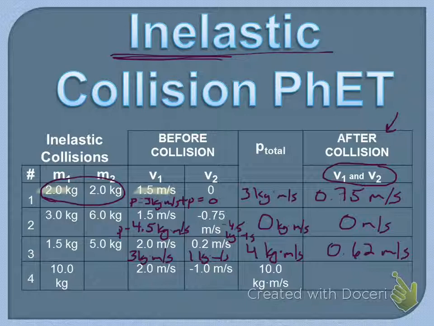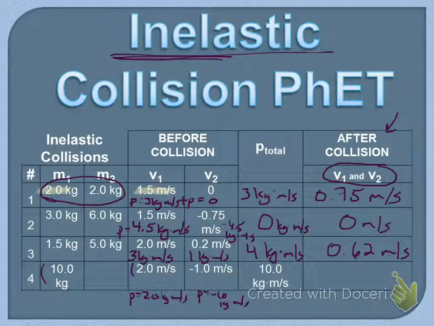Okay, for the last one, we're given our total momentum again, so we have to figure out our unknown mass for object 2. When we look at the momentum for object 1, it's 10 kilograms times 2 meters per second, and so that's going to give us a momentum that's equal to 20 kilograms meters per second. So in order to equal 10, we need the momentum of object 2 to be a total of negative 10 kilograms meters per second.